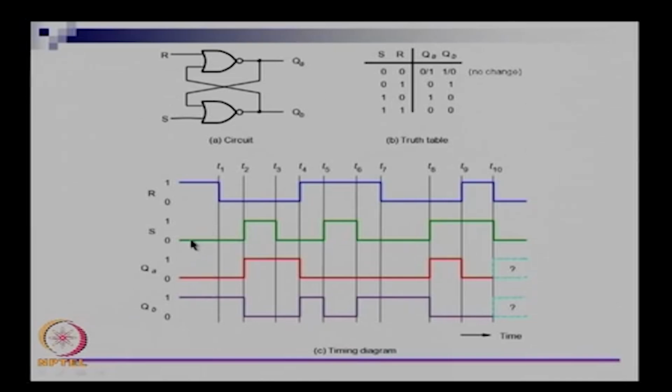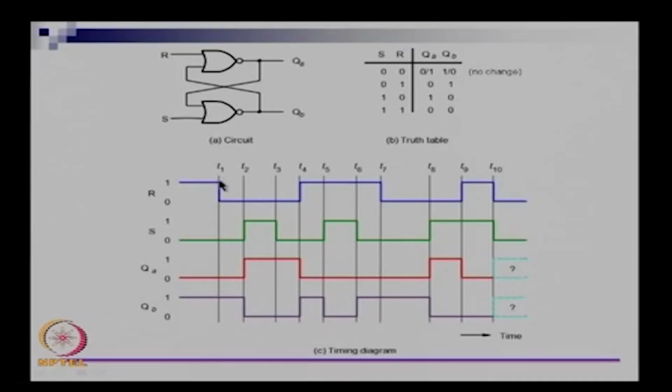Let us say that R is 1 and S is 0 for a while now, and QA is 0 and QB is 1, because if R is 1 then QA is 0, it is quite apparent, right. If R is 1, 1 NOR 1 is 0, QA is 0. So, 0 OR 0 is 0, but a NOR will give you 1, so QB will be 1.